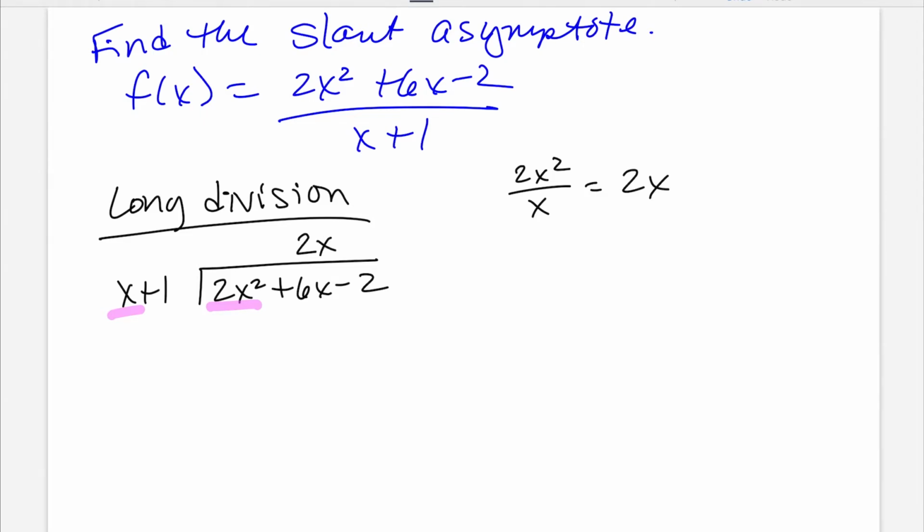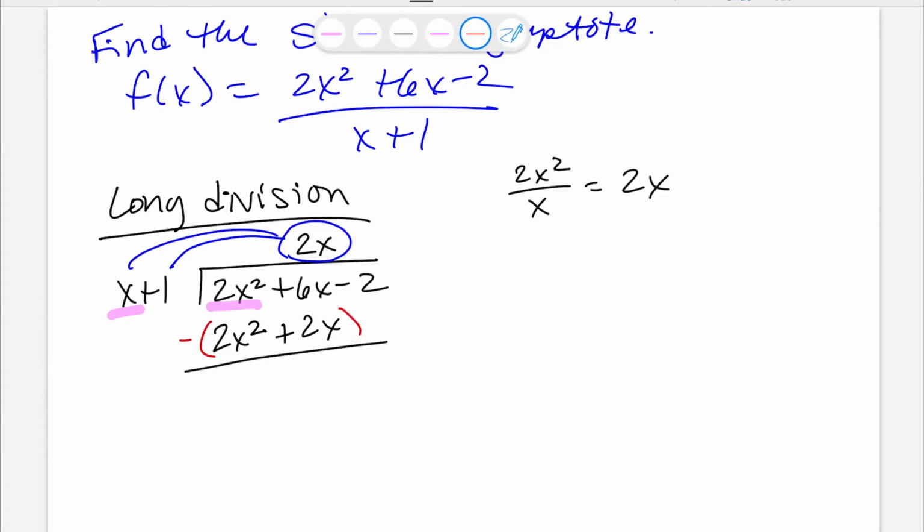So then that is what you put here. You take that 2x and you distribute it. So now I have 2x times x would be a 2x squared. 2x times 1 is a 2x.